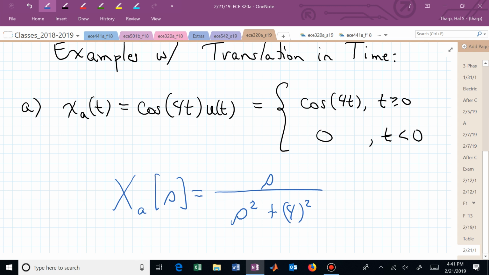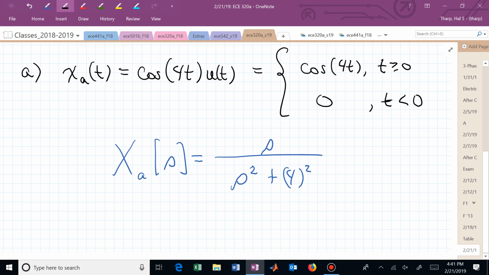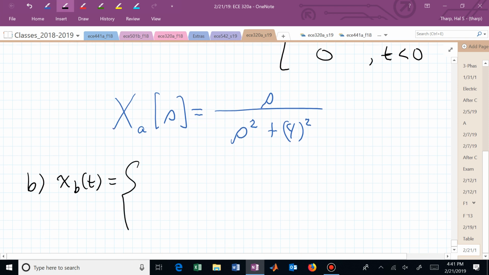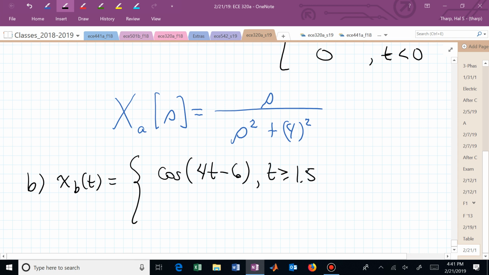If that's now x sub a, let's look at a translated version of that. Suppose now we say x sub b of t is going to be cosine of 4t minus 6 for t greater than or equal to 1.5 and 0 for t less than 1.5.